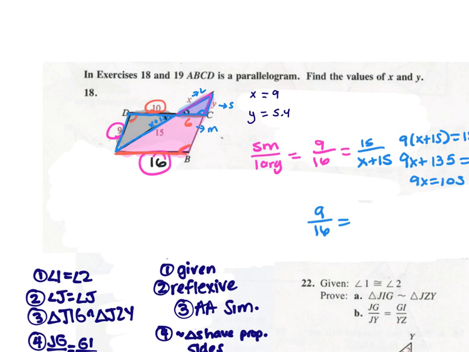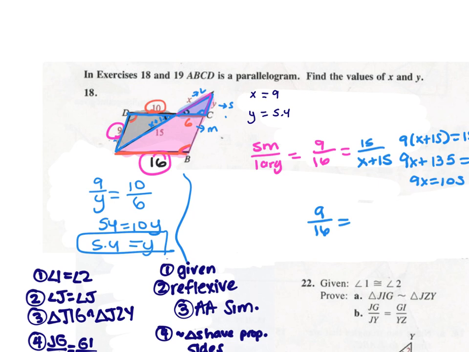So because the smallest is 9 on the black one, 9 goes with Y. And then the middle would be 6 to 10, so 10 to 6. There we go. So this is 54 equals 10Y, and Y equals 5.4.